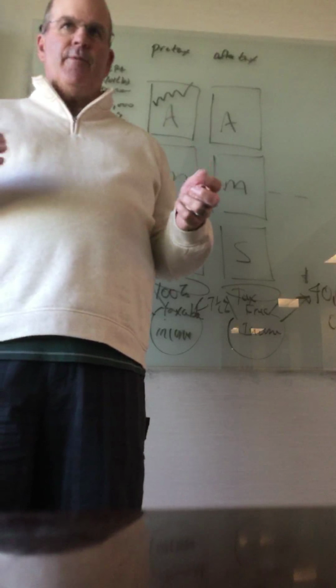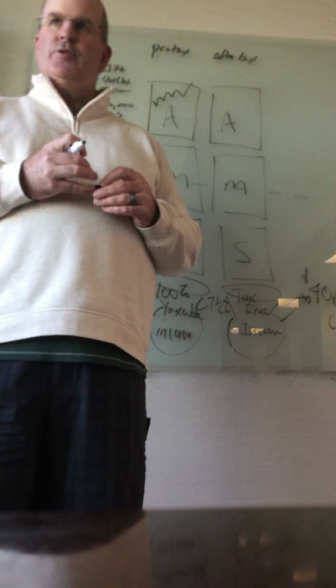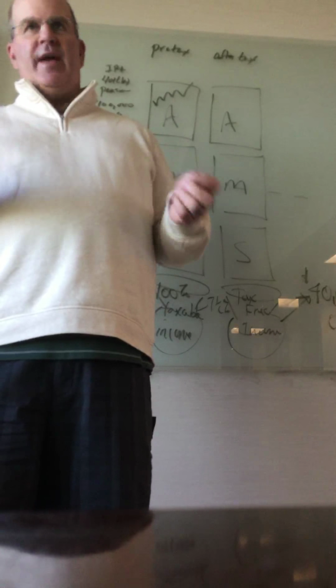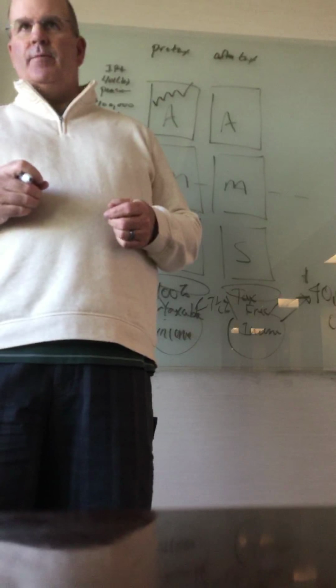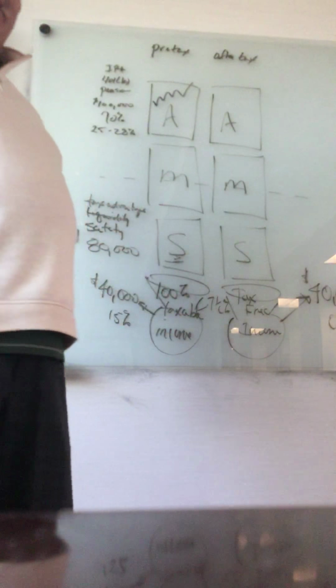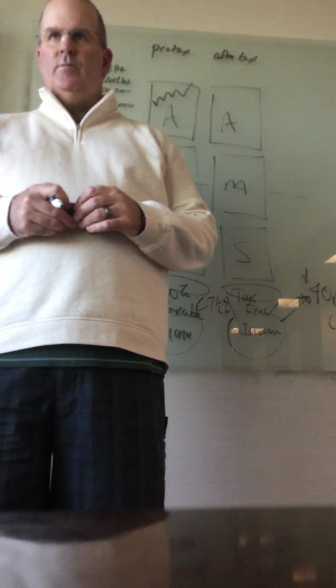Now, this is a good time for me to interject something, and I call it the first rule of accumulation, and that is take the free money. And where am I most likely to find free money on the pre-tax side? Yeah, that's exactly right. Your 401k plan or your employer-sponsored plan, right?